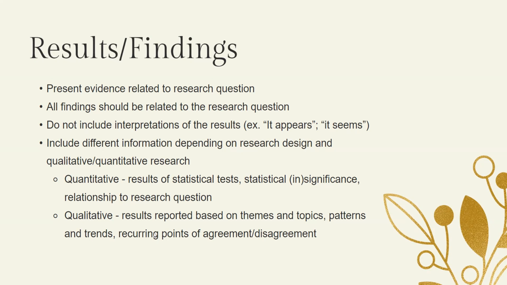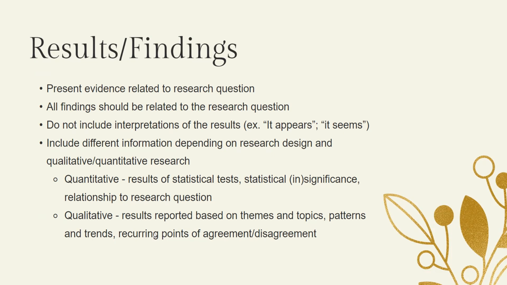Depending on whether your paper is based on qualitative or quantitative data, you'll have different types of evidence presented in this section. For quantitative research, which is research that's based off of numerical data, you would include, for example, statistical tests, and then you would describe whether those tests were statistically significant or insignificant, and what the relationship is between the test results and the research question.